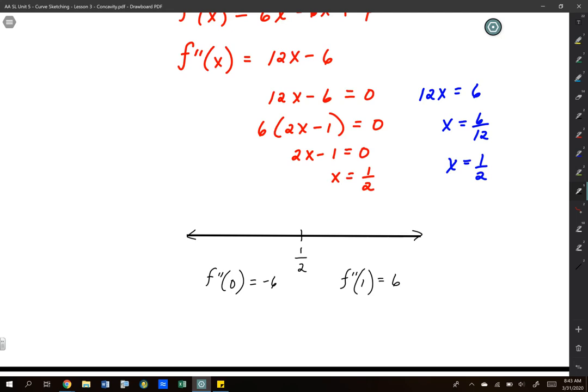I get a negative 6, so I'm going to put a negative here. I get a positive 6, I'm going to put a positive here. And this means that we're going to be concave down before 1/2, and we're going to be concave up after 1/2.